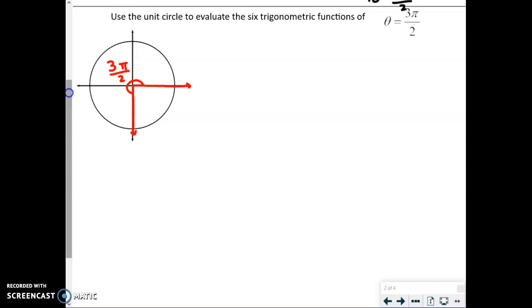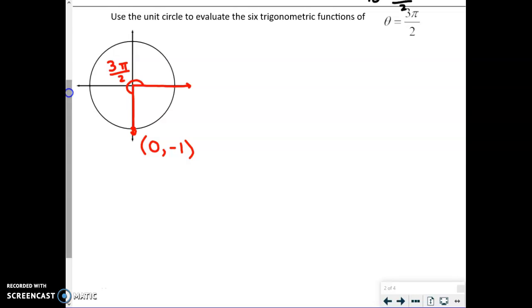Every radius has an exact length of 1, and we started right in the middle at 0, 0. If we come down to the point here where it intersects, this intersection value has an x value of 0 because we didn't move left or right at all, and we went down 1, so that would be 0, -1.